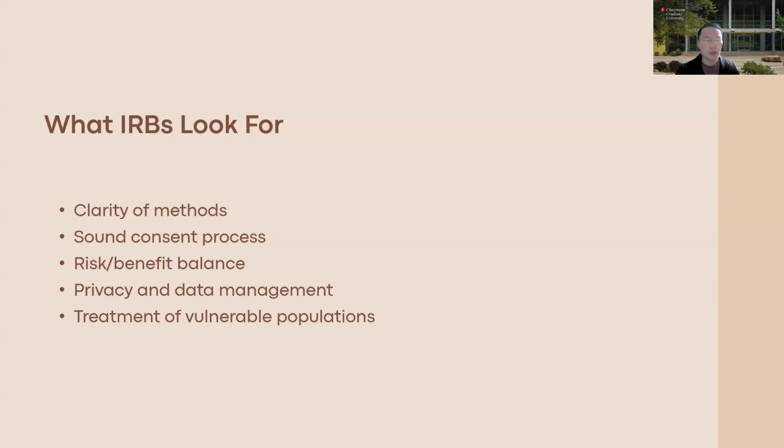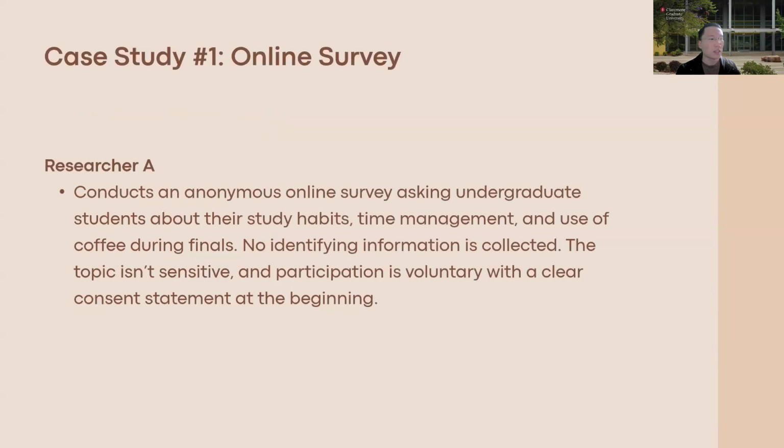So until now, that is a quick overview of the basics of IRB, as well as the different levels of review we have talked about. My plan for the next 10 to 20 minutes is to go through some case studies. These are scenarios that I have generated myself that I thought represent different areas of research and different research methods, and some of them might mimic research you want to do on your own.